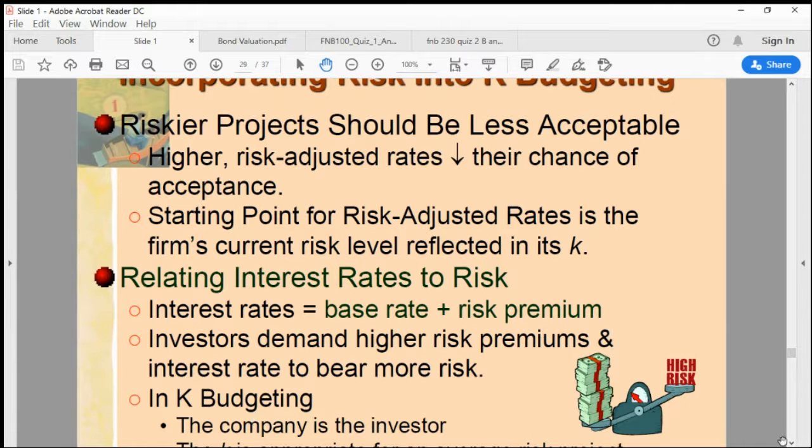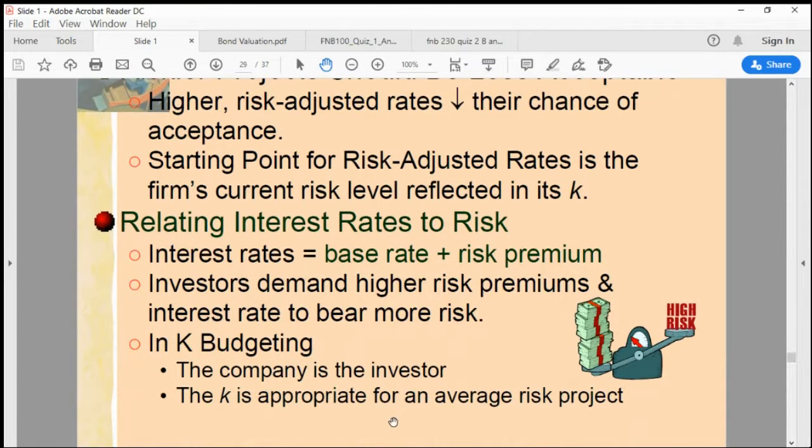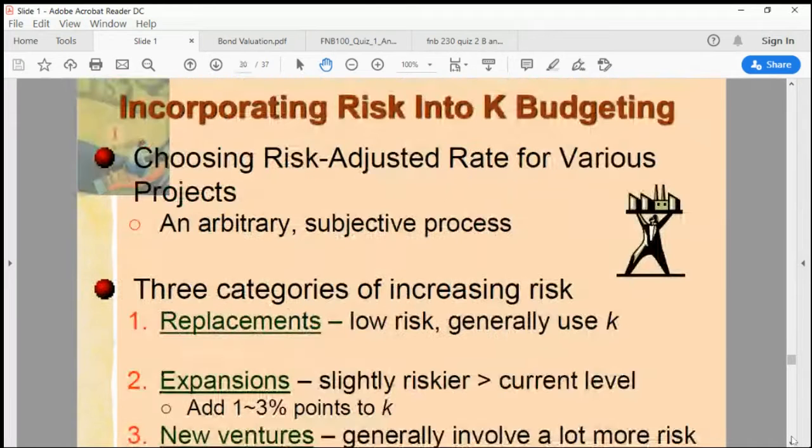In capital budgeting, the company is the investor. Yeah, of course. So the company's cost of capital is appropriate for an average risk project. So you will need to add risk premium for different levels of risk. Okay.